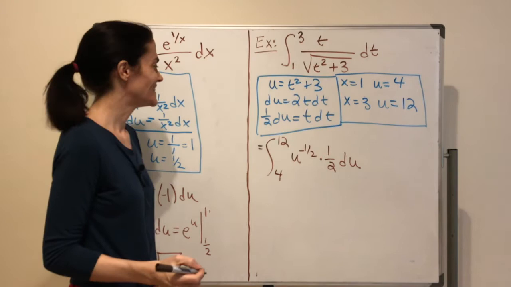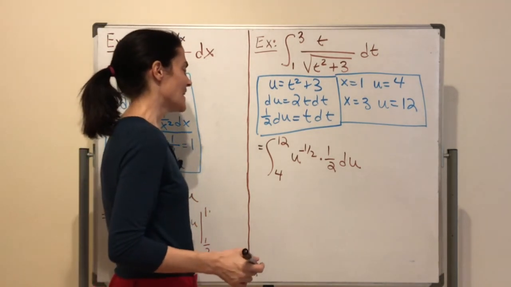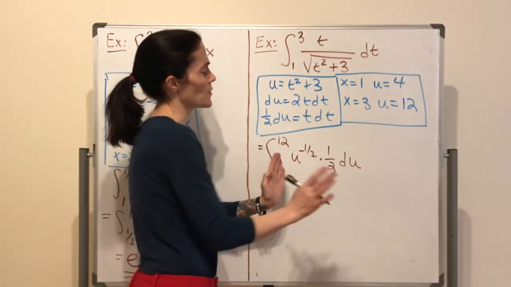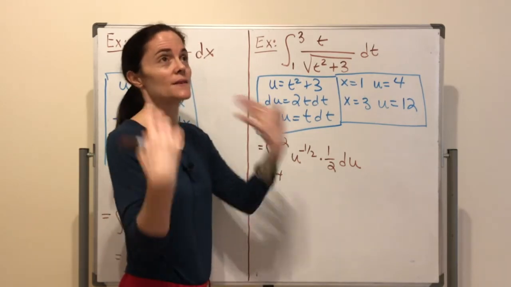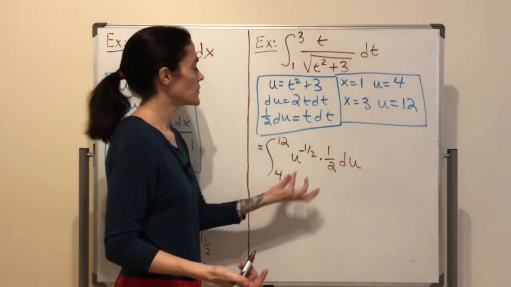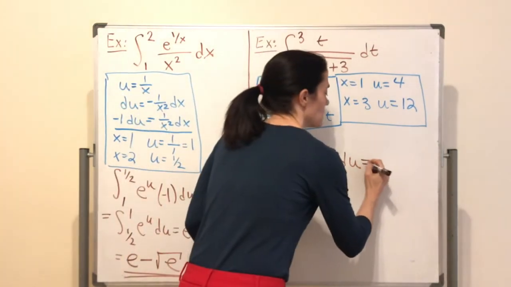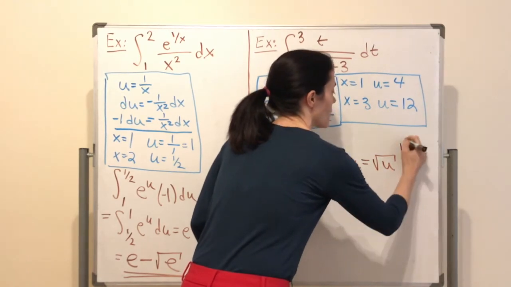Okay? Now, integrate with respect to u. Well, what do we see here? We see 1/2 u to the minus 1/2. That just shouts at me the derivative of square root, right? So here, if we integrate this, we get square root u evaluated between 4 and 12.